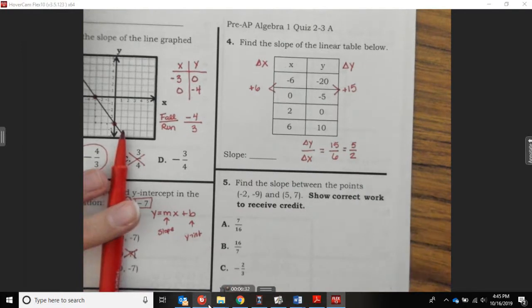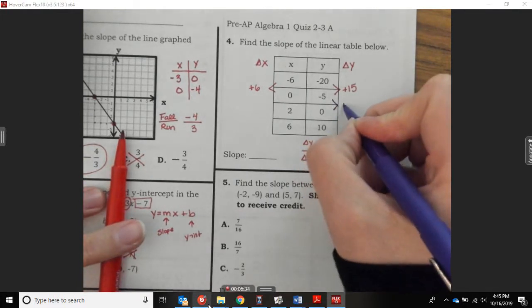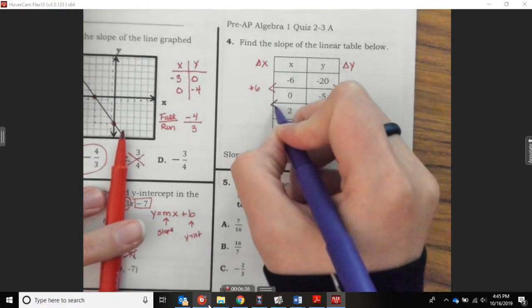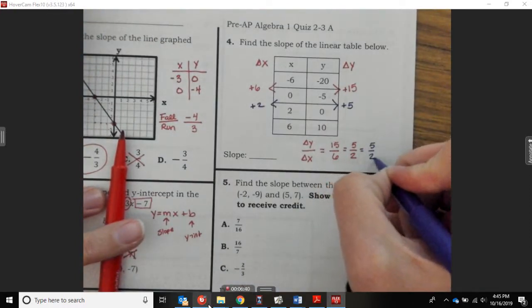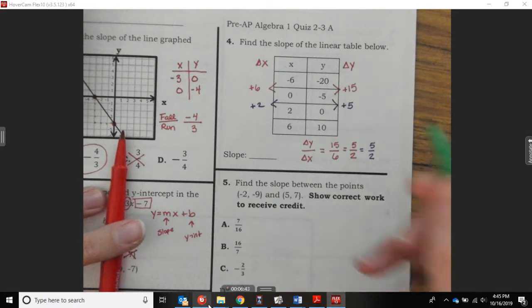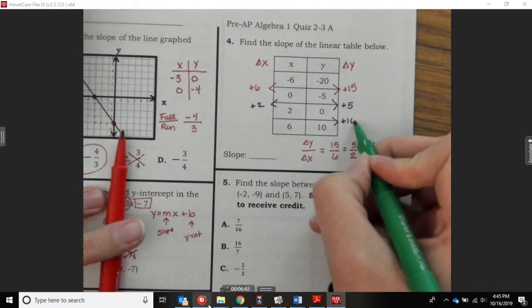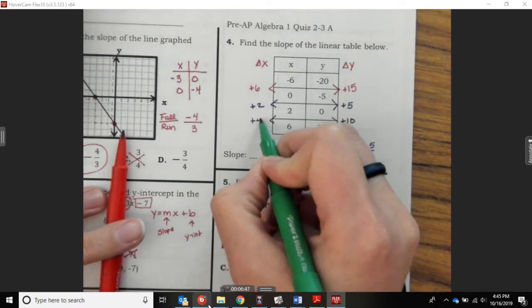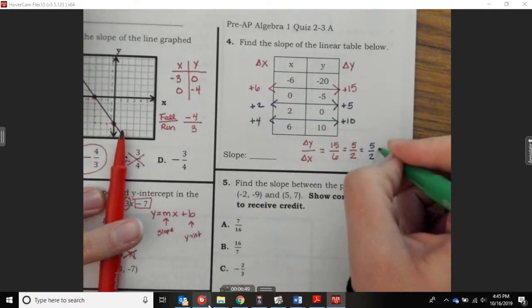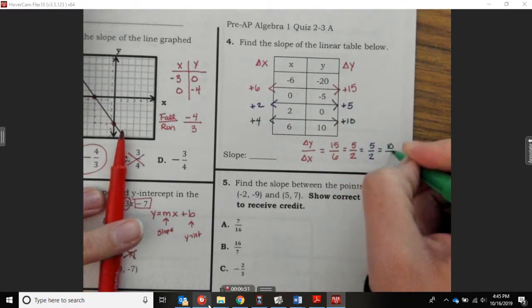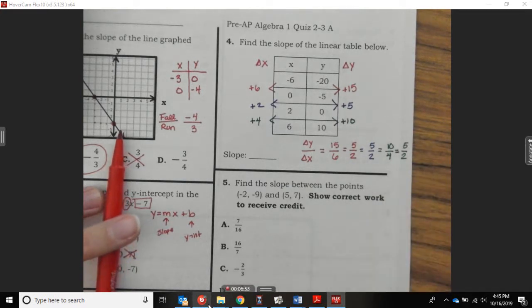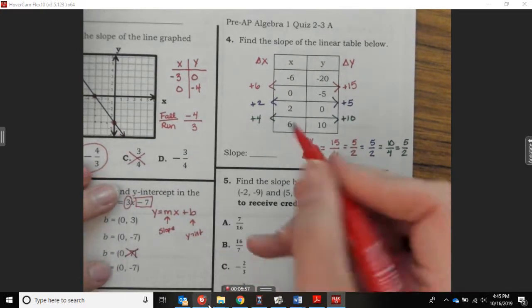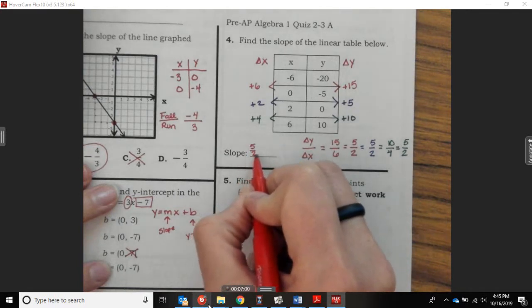If I were to look at the next spot, this one's saying I'm going up 5 and I'm going up 2, which matches 5 over 2. And then this last one says I'm adding 10 and I'm adding 4. And if I were to write it here as well, that's 10 over 4, which simplifies to 5 over 2. So every time I'm getting 5 over 2 as my slope.